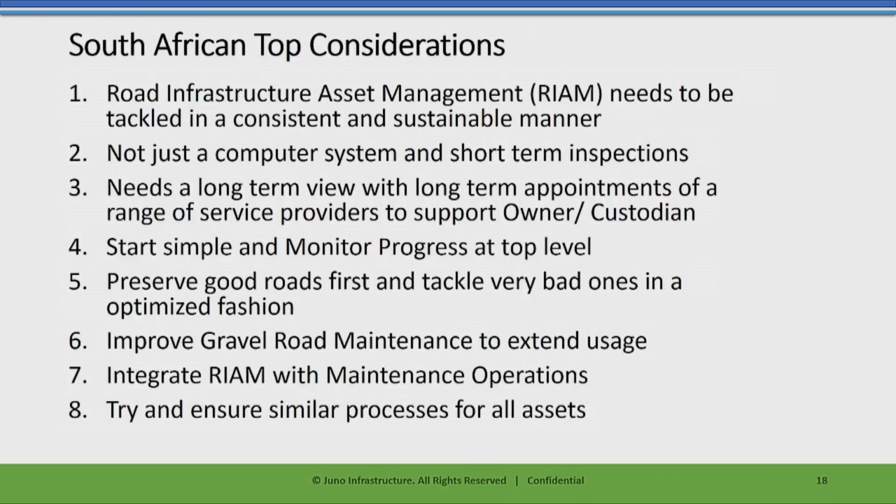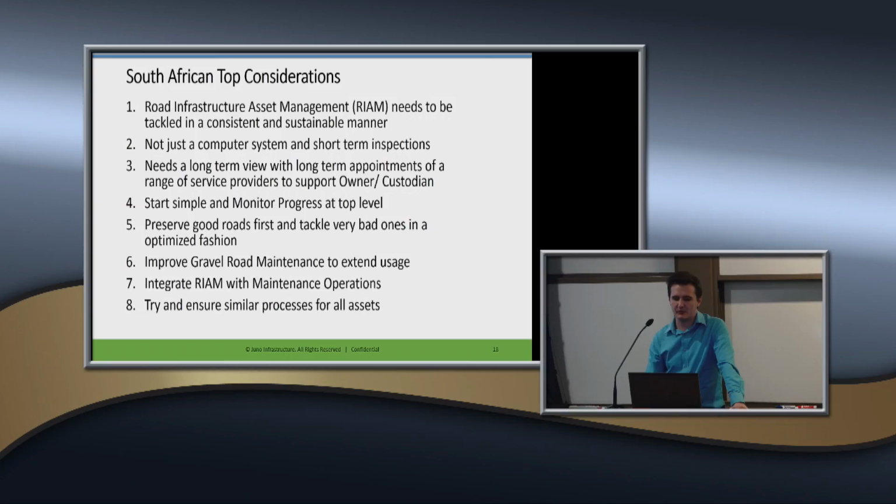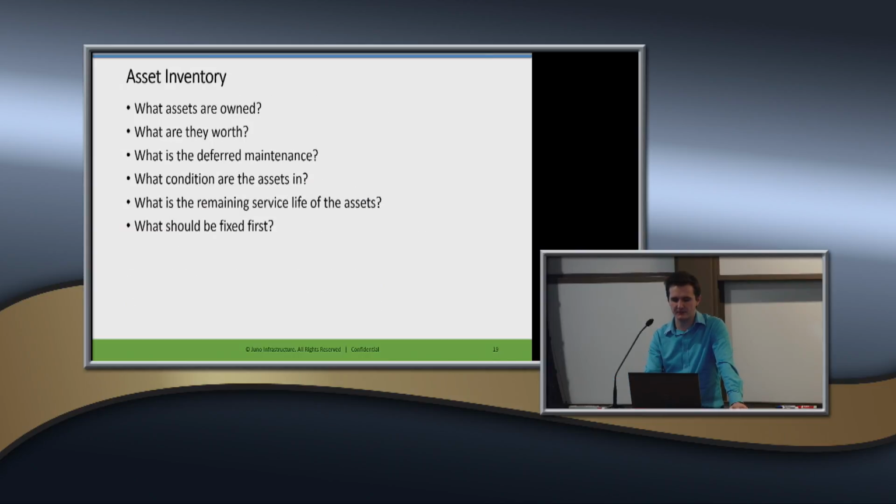It mustn't just be a computer system where we just do inspections and do nothing about it. We need a longer-term view. So again, the AgileAssets analysis modules play a very big role. Now we can start to monitor regularly, preserve our roads, and especially improve our gravel road maintenance, because as you saw, it's a very big part of the South African infrastructure.